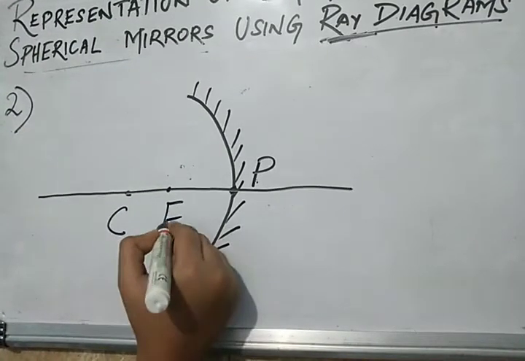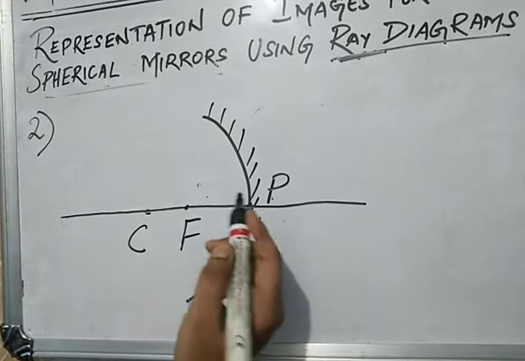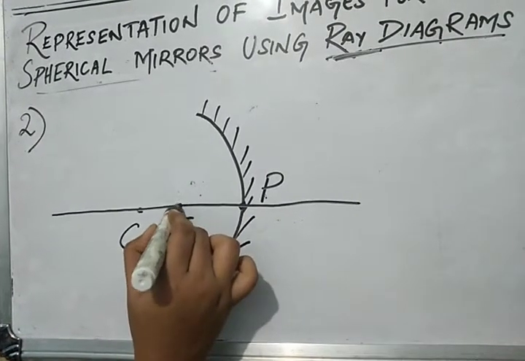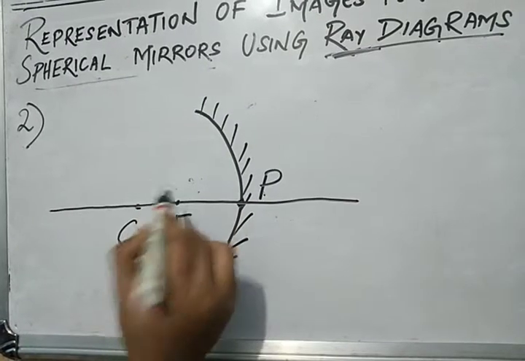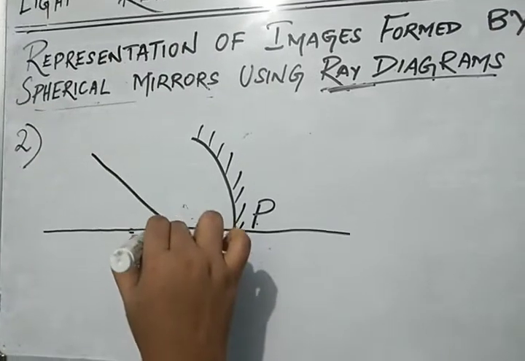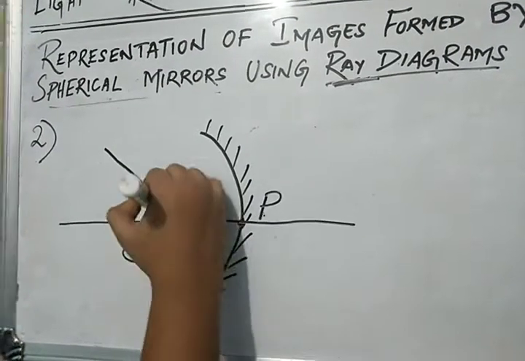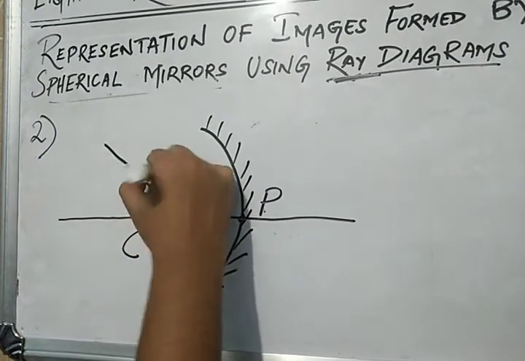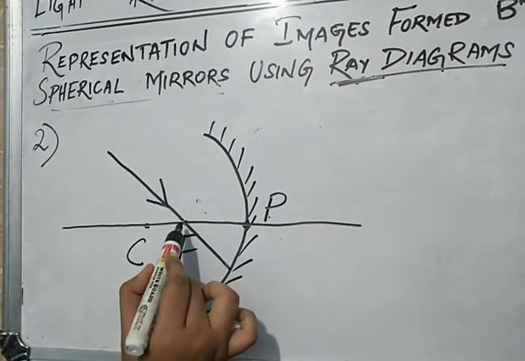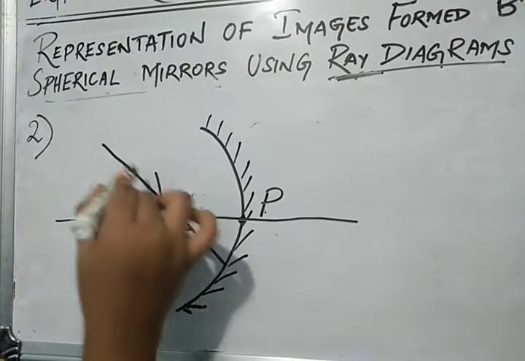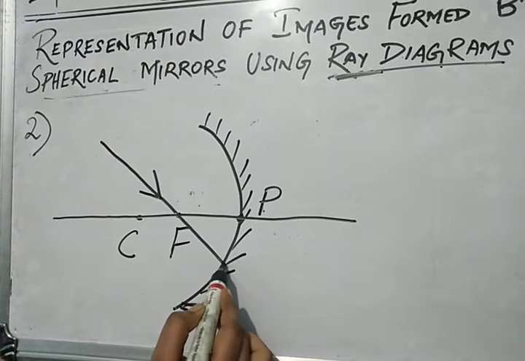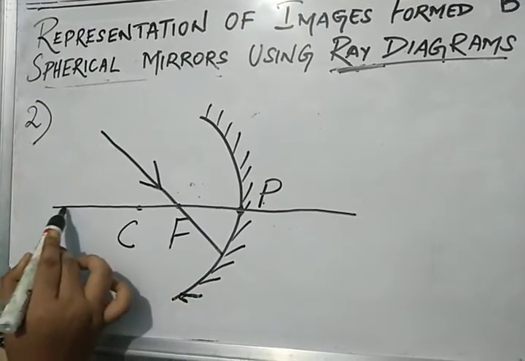Now the second important path taken by a ray is that a ray which passes through the principal focus. The incident ray passes through the principal focus like this. Now, after it gets reflected back, it emerges parallel to the principal axis.